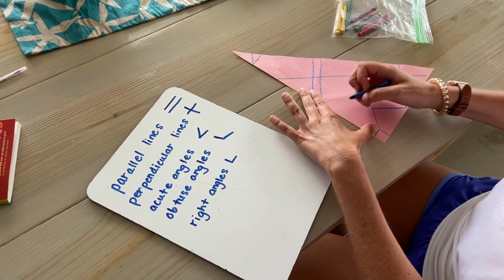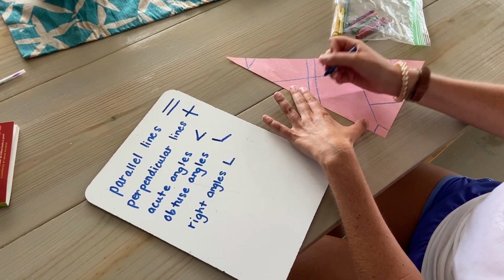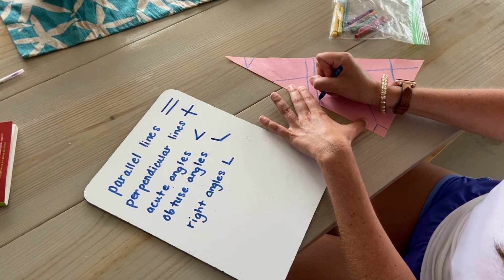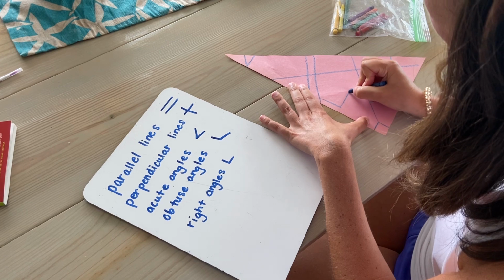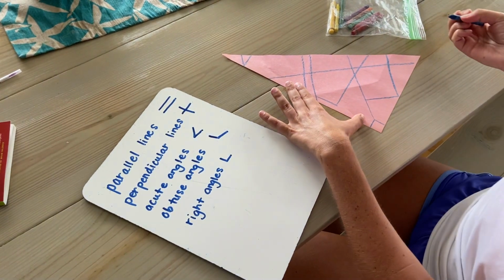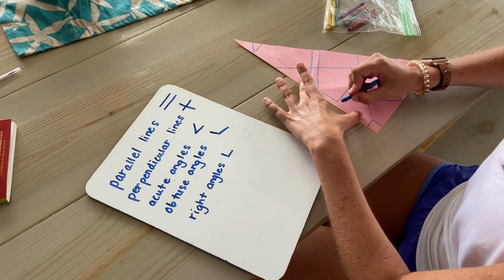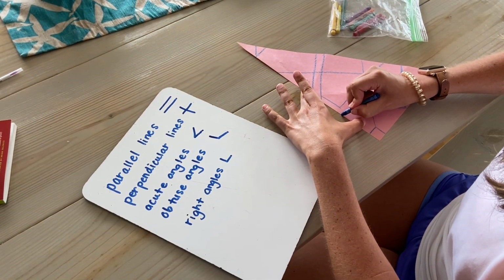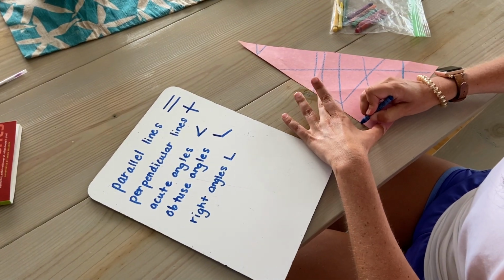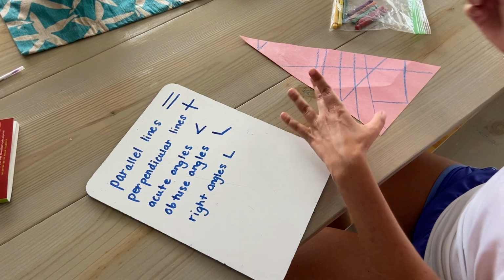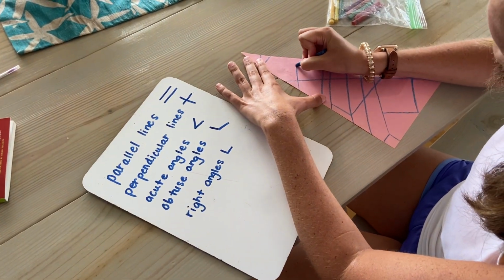How about here, where I can draw it straight up and straight across. Now, what you're going to do is keep drawing these lines. So I'm going to do another set of parallel lines. There we go. And notice what it's forming as I keep drawing. I'm going to draw another perpendicular here.